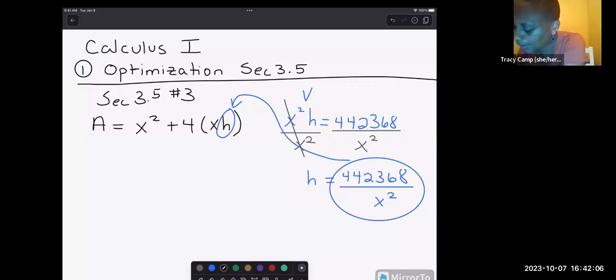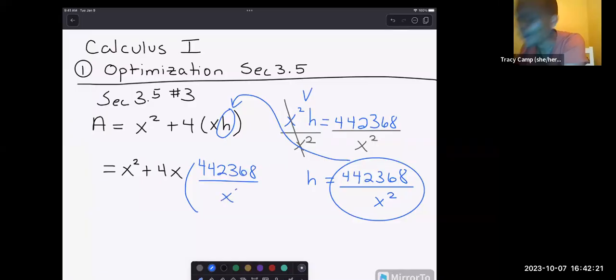And let's see what we get. So we get X squared plus 4X times my H, which was the 442,368 over X squared. And notice that we can cancel out an X, right? Because this is like over 1.